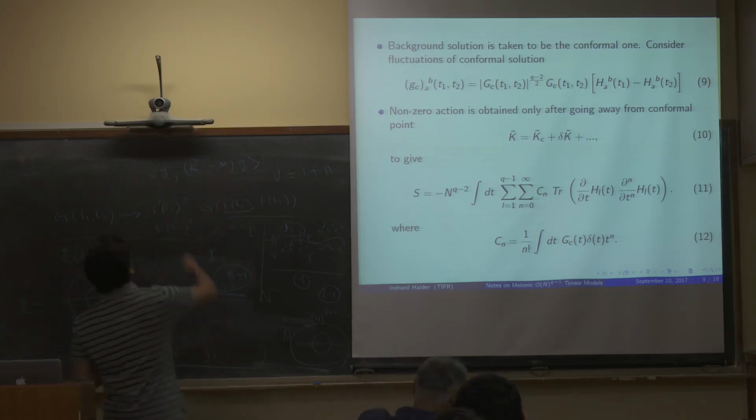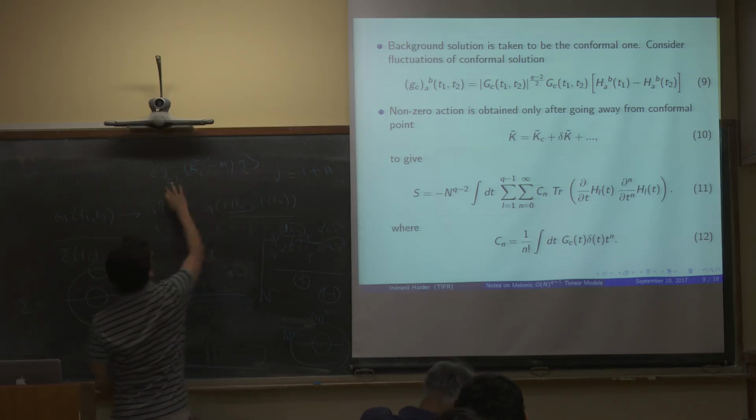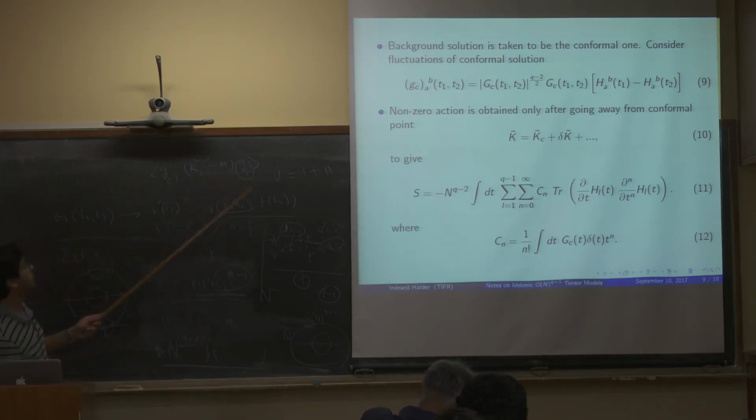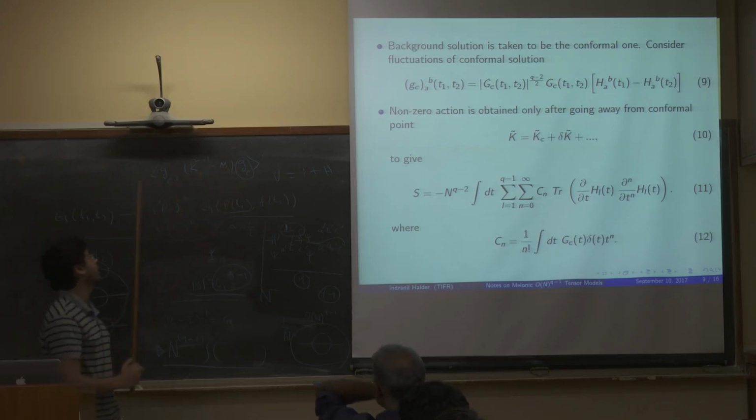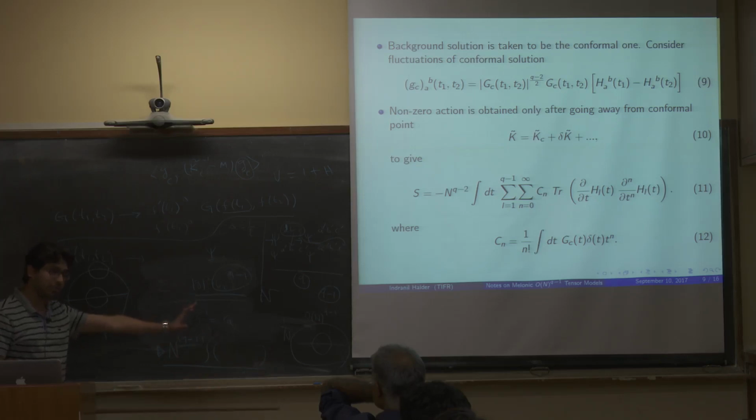Then what we are seeing is that when I evaluate this for the fluctuation of the conformal solution, this thing is completely 0. So this is the structure of the action that we have, g from both sides and this kernel sitting inside. Now if I evaluate this for fluctuations of the conformal solution, and my background solution is the J equal to infinity solution, I get 0, the action is 0.